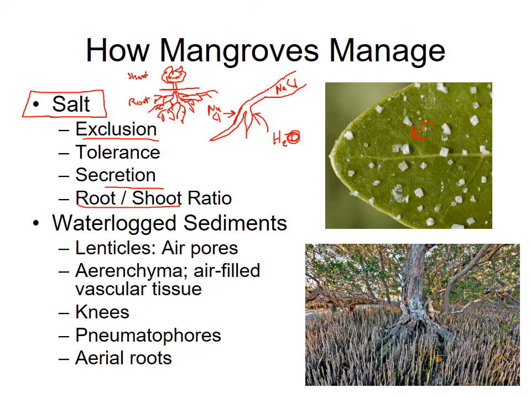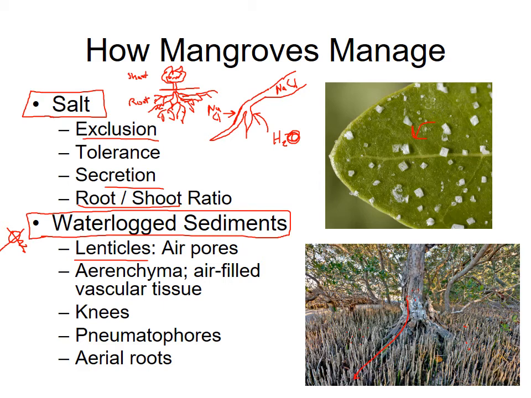Okay, so the other stress that mangroves have to deal with is waterlogged sediments. And waterlogged sediments, again, is a problem because of the lack of oxygen. So the main way that mangroves get oxygen down into their roots is through lenticels. They have pores on the tree trunk or on structures that stick up above the water line, and those pores connect through little air-filled snorkels down into the roots.